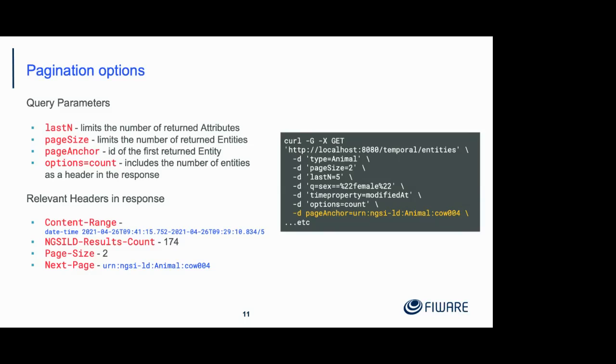And in this particular case, you have the next page header, which would say, if you place this as the page anchor, you will get cal 004 and cal 005 as the next two parts of your request.